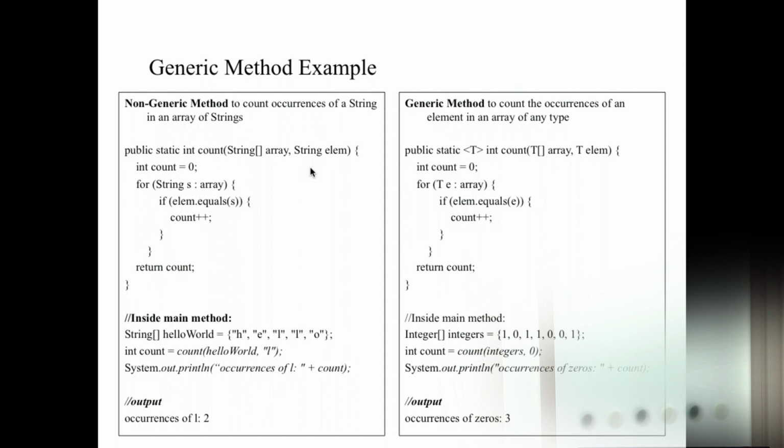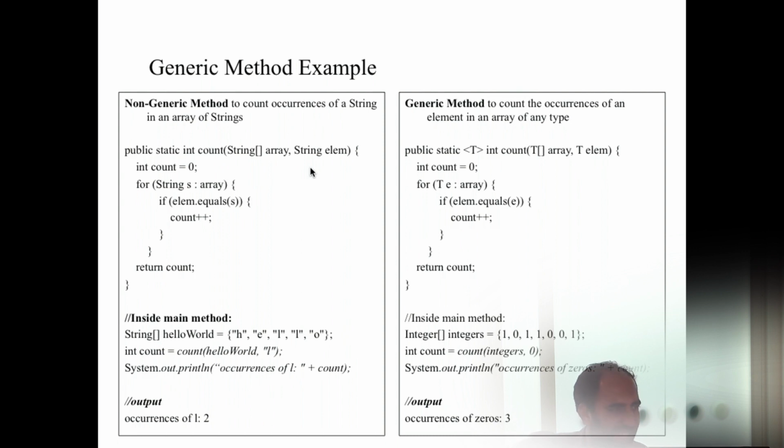So this function is basically taking an array of strings and counting a specific string in that array. But since we have defined this method only for the type string, we can use it only for an array of strings. We cannot use it for an array of integers, characters, or other data types.